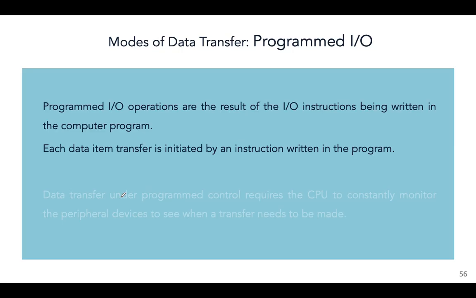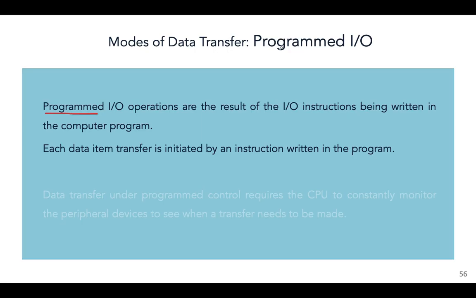Now, programmed IO operations are the result of the IO instruction being written in the computer program. Whenever we use the term programmed, it stands for computer code. Whenever something is programmed, it means that there is a pre-written computer code in place to perform that kind of operation.